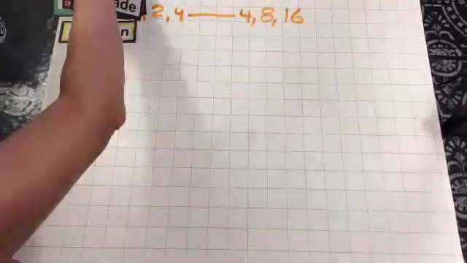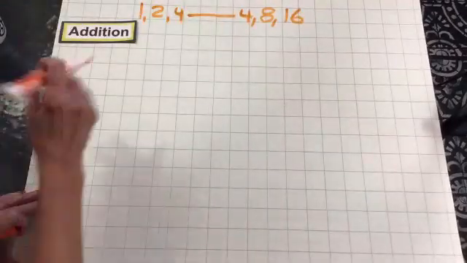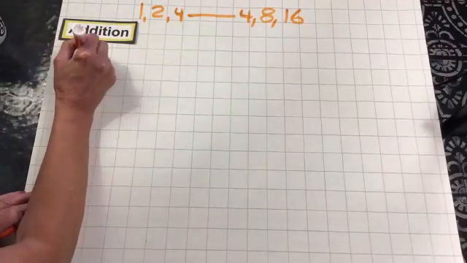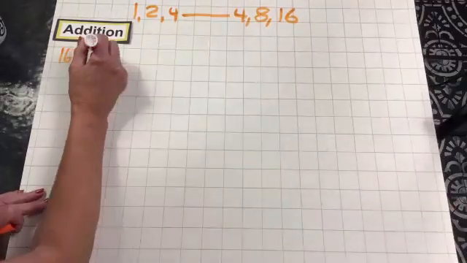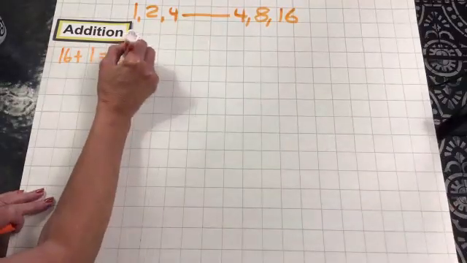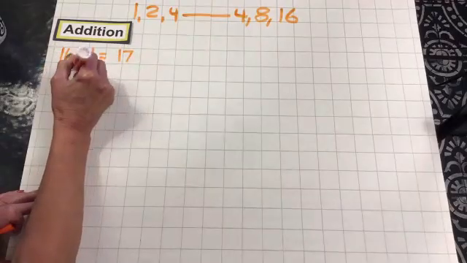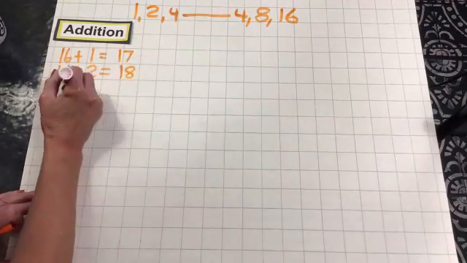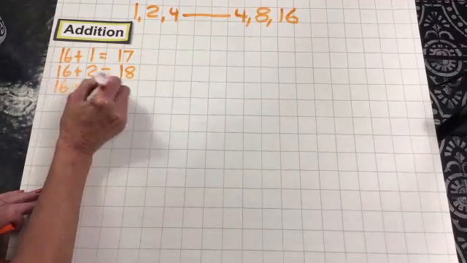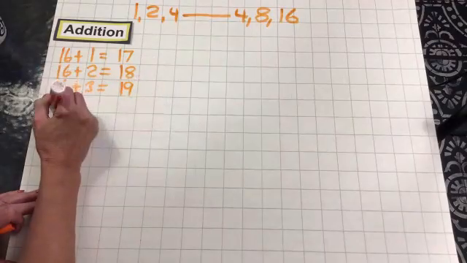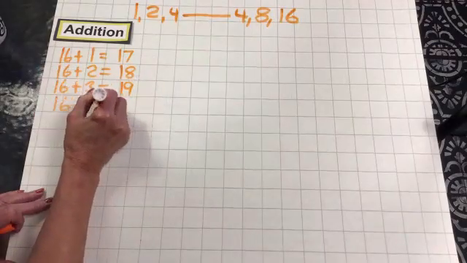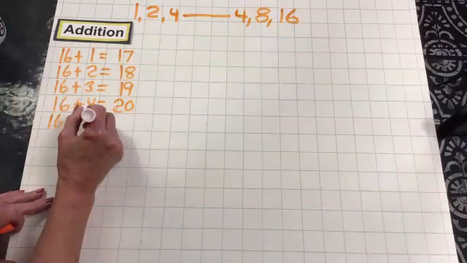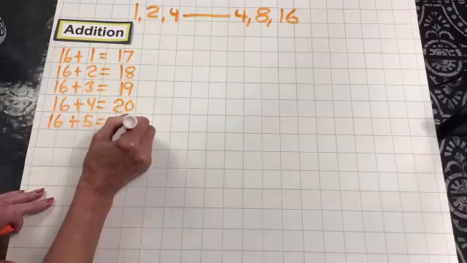Let's check it out. 16 plus 1 equals 17. 16 plus 2 equals 18. 16 plus 3 equals 19. 16 plus 4 equals 20. 16 plus 5 equals 21.